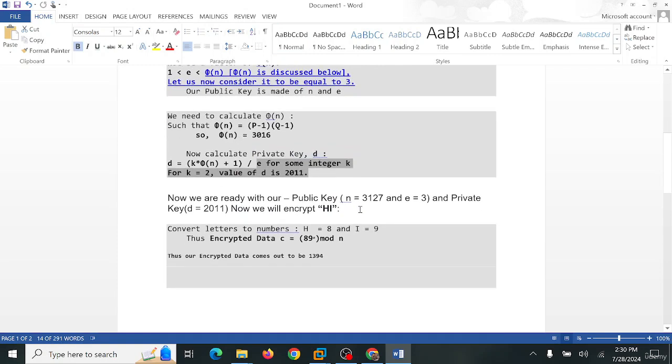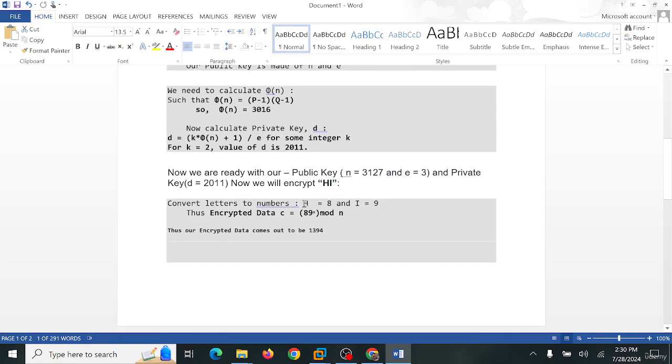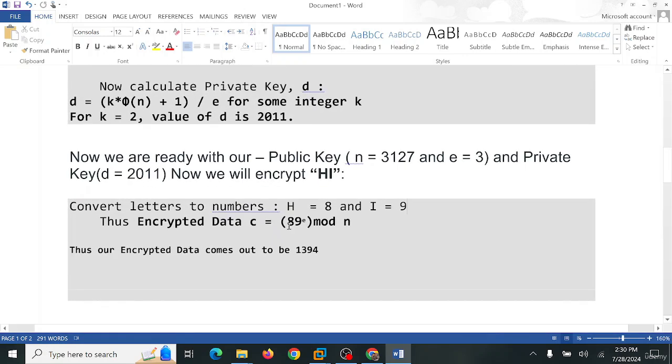Now using this private and public key, we can encrypt the message "hi". H is the value 8, because we need to convert the letters into numbers, and I is at position 9. So 89 is our message; the original message is 89 because "hi" is 89.